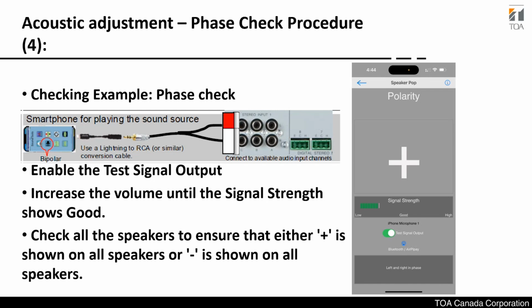But when you put the smartphone on the left-hand side, if you get a minus, that means something is wrong with the left-hand side polarity, and you have to check the polarity of the left-hand side speakers. But if you get both negative, we consider it an okay setup, but not ideal. That means they are in phase, but the connections are wrong if both show minus.